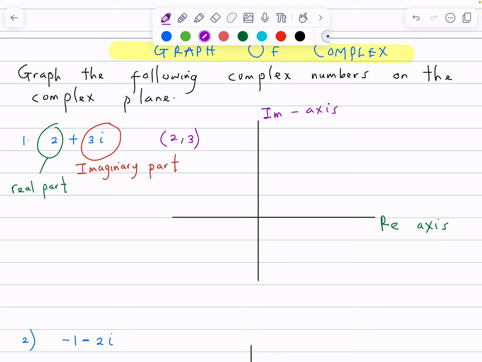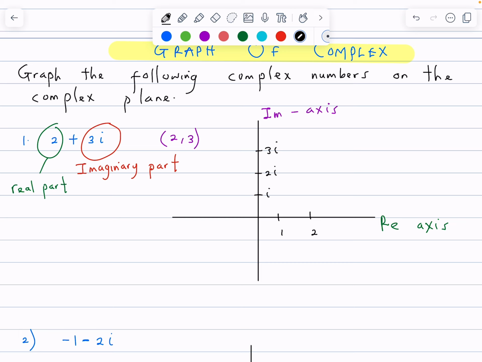The real part, you plot on the horizontal axis, so you have 2, and then the imaginary part, which is 3i, you have the 3 there. So this one is i, this is 2i, this is 3i.